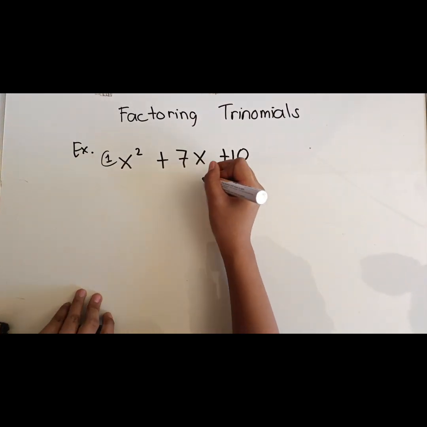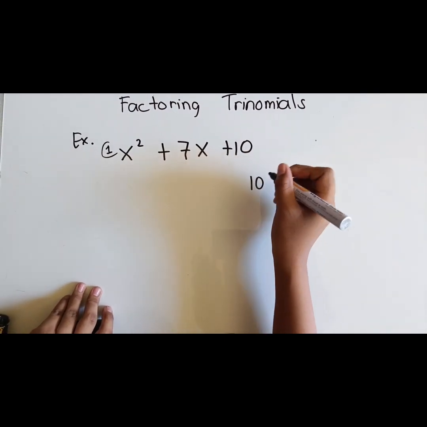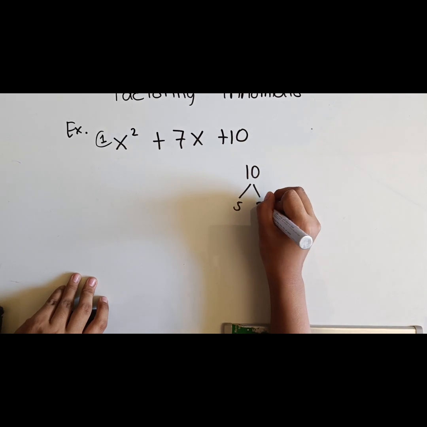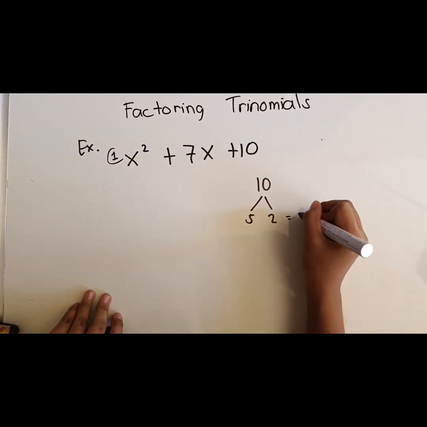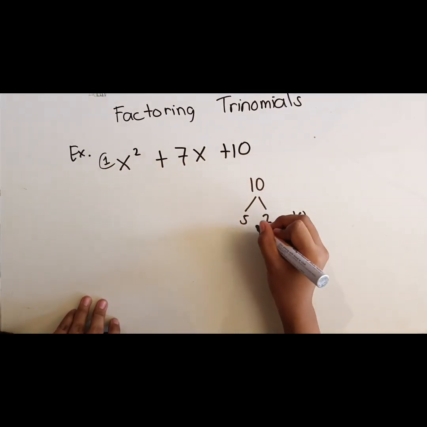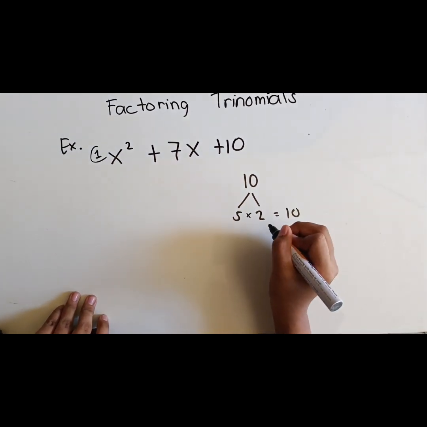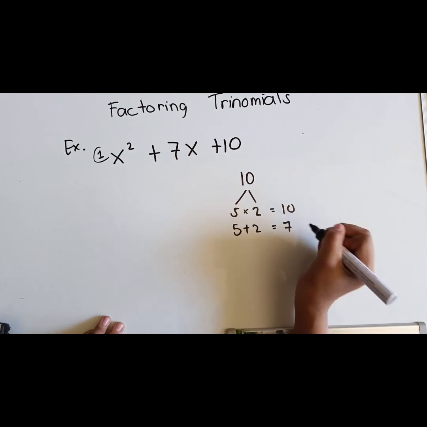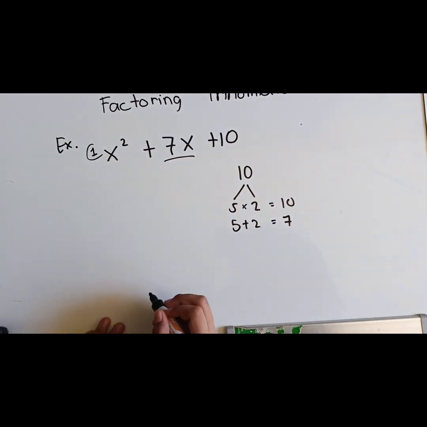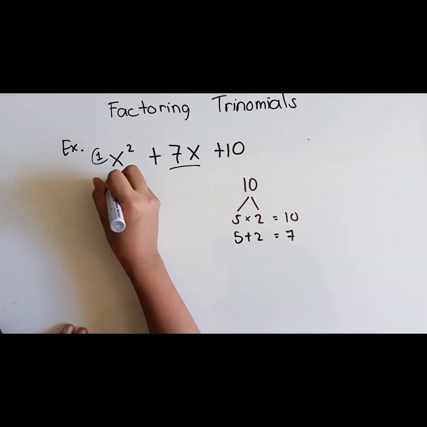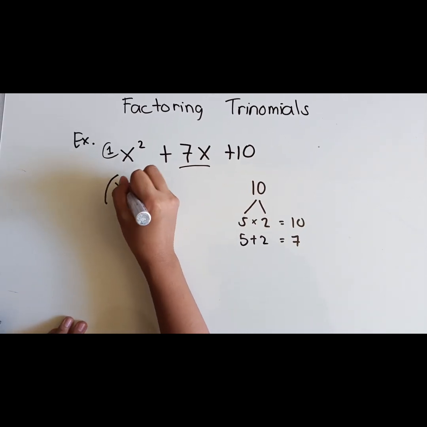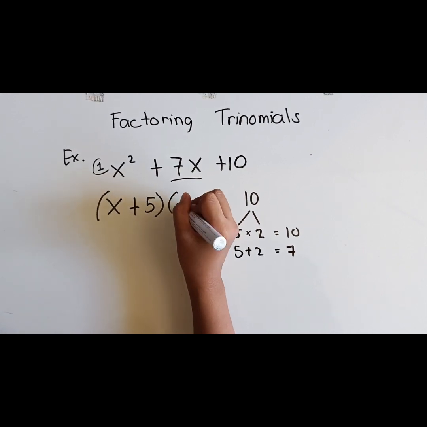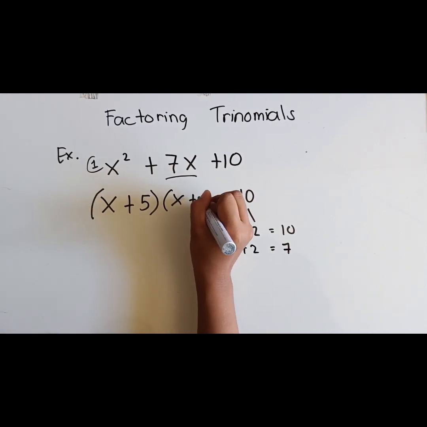Now let's think about the factors of 10 that will give us the sum of 7. Let's use 5 and 2. 5 times 2 is equal to 10, and 5 plus 2 is 7. So these will be the ones we need. Since our leading coefficient is 1, automatically our pattern is simply x plus 5 times x plus 2, since they're both positive. So these are our factors.